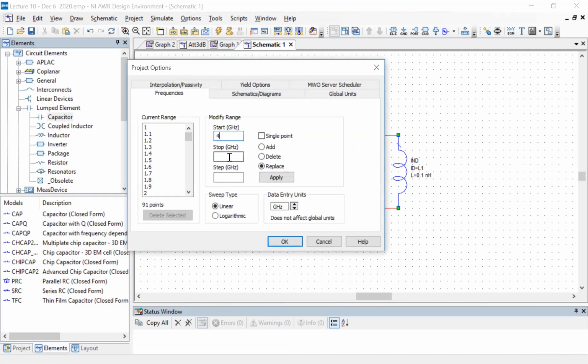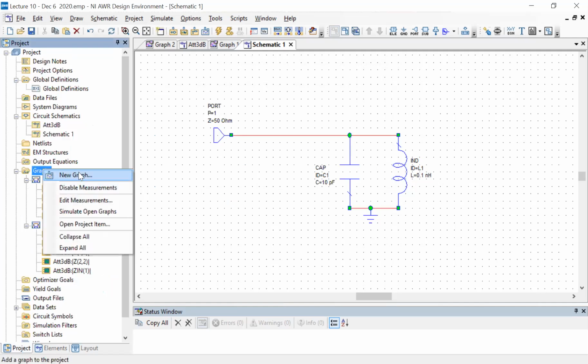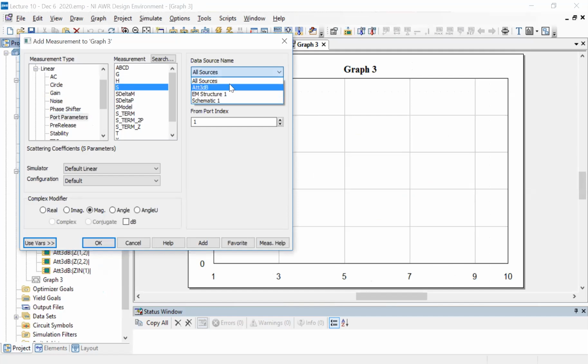Let's look at between 4 and 6 gigahertz. A new graph. It's schematic 1, S11 angle.